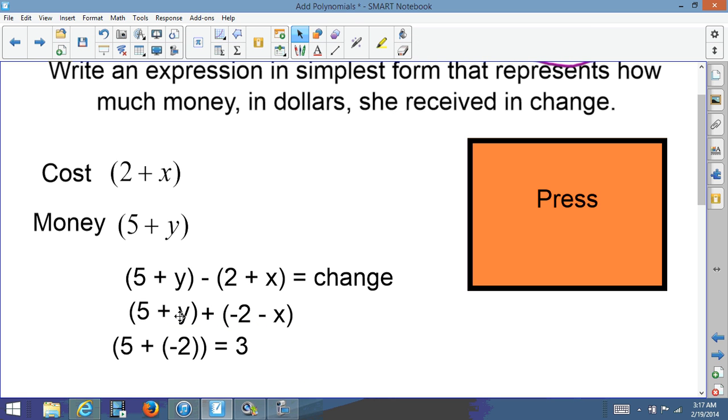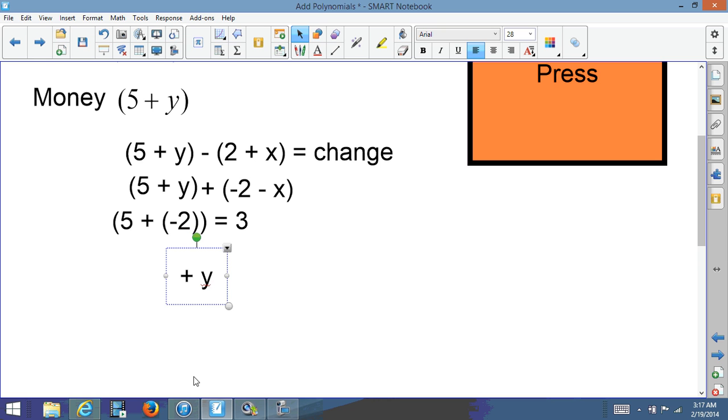So what do we have left? We have a plus y left. And on this side, we have a minus x. And we have the $3 change from the constant.